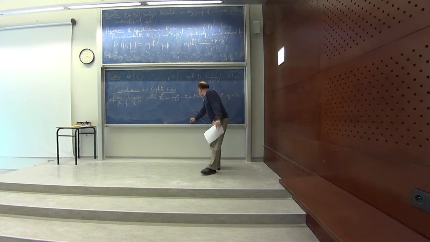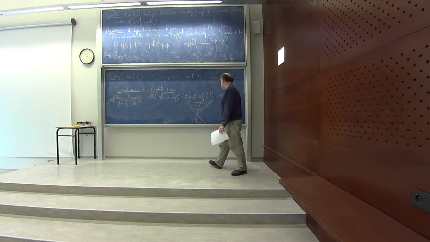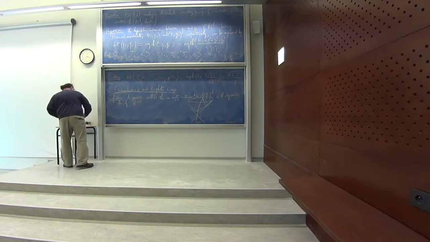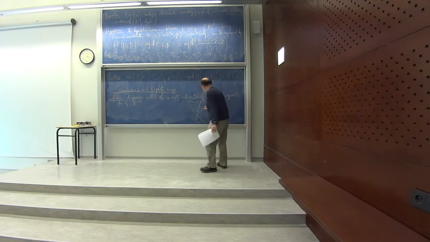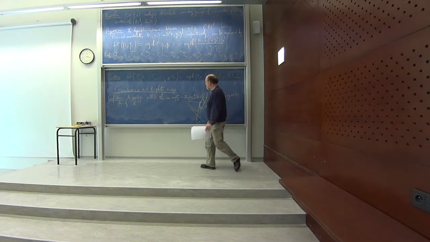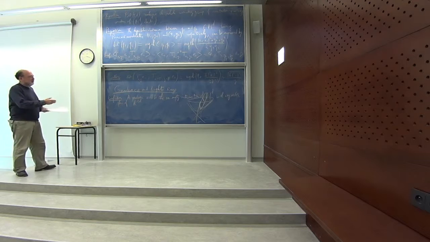So geometrically, this is a very simple thing. I have only to cut by some plane here and the trace of the plane on the hyperbolic space. This is my geodesic. Something like that. Only the traces of the vector planes on the hyperbolic space.